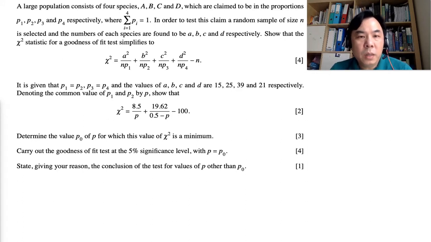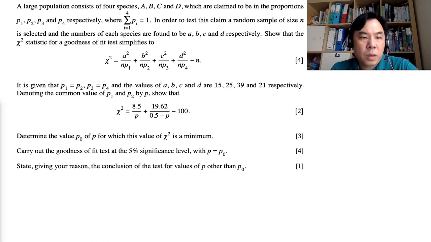Once we have successfully obtained the chi-square expression, we are further provided with information regarding the proportions: P1 and P2 are equal to each other, P3 and P4 are equal to each other, and the values of A, B, C, D, their observed frequencies, are given as 15, 25, 39, and 21 respectively.